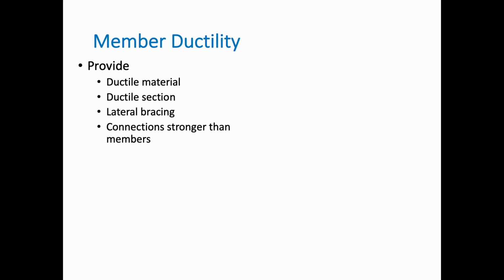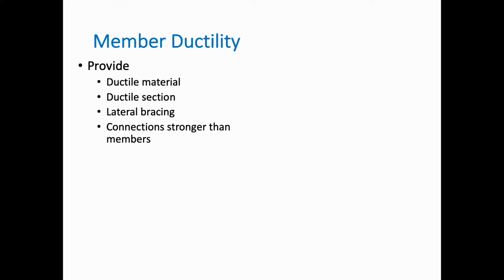When it comes to member ductility, we need to provide, again, ductile materials, ductile sections, and most probably a lateral bracing system that will enhance the member ductility. So member ductility comes from lateral bracing and connections stronger than members.